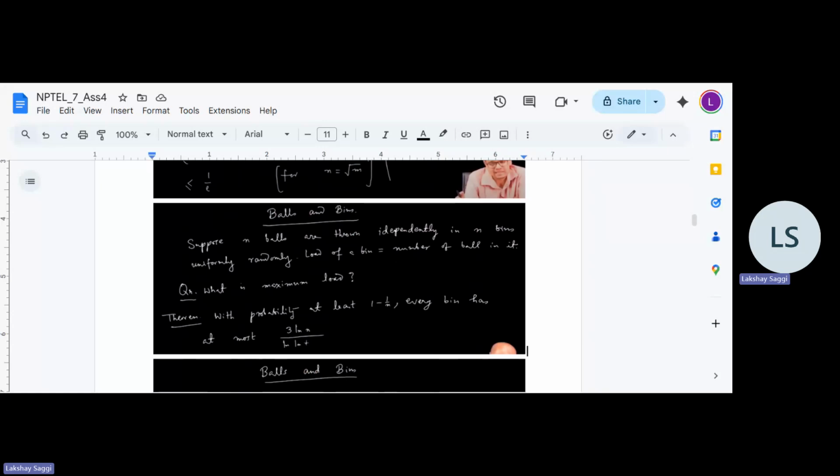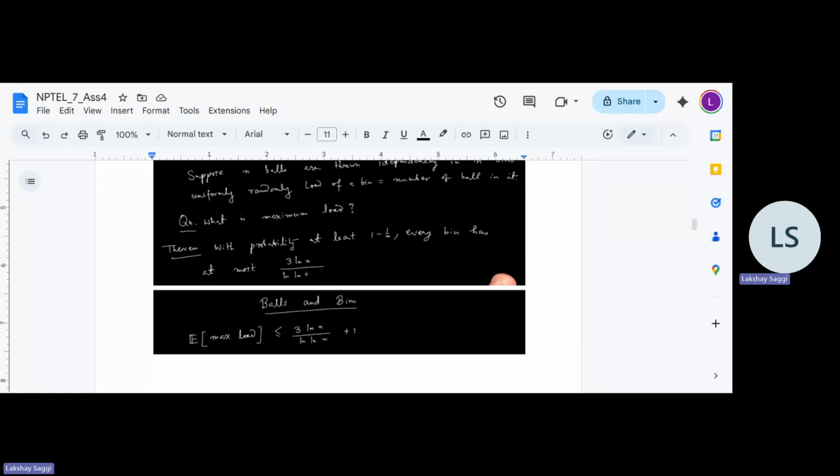And actually, this was from the lectures also. Yeah, you can see the lectures. So the final claim comes out to be that with probability at least 1 minus 1 over n, every bin has at most 3 log n over log n balls. And the expectation of the maximum load is like 3 log n over log n plus 1.